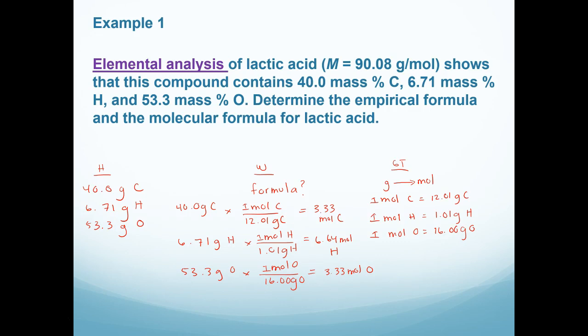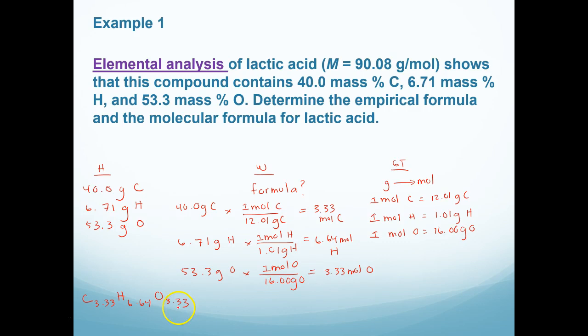Once we are in moles, now those moles become subscripts. So we get carbon, and whatever we get here for moles, we're going to put that as a subscript, 3.33. For hydrogen, we have 6.64, and then for oxygen, we have 3.33. So we have that, and we know for a chemical formula we can't have decimals.